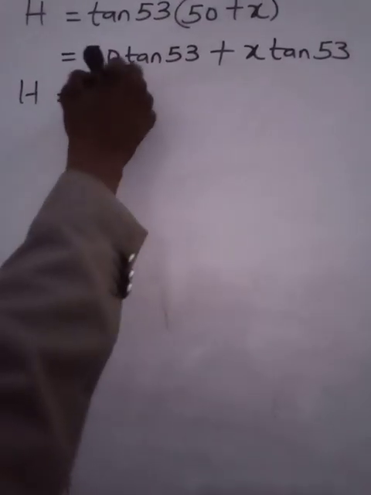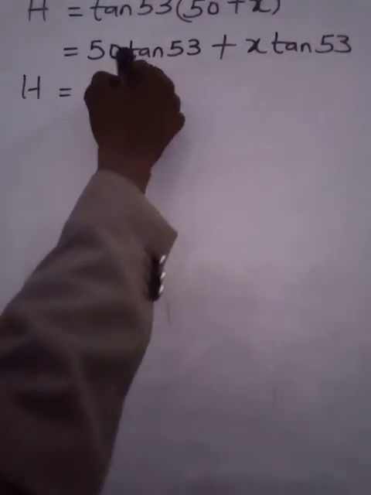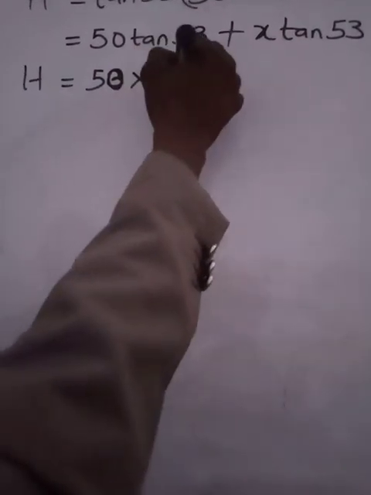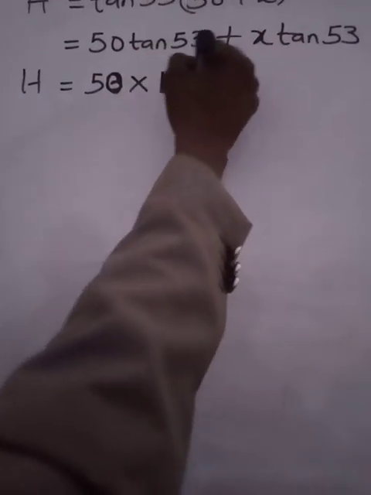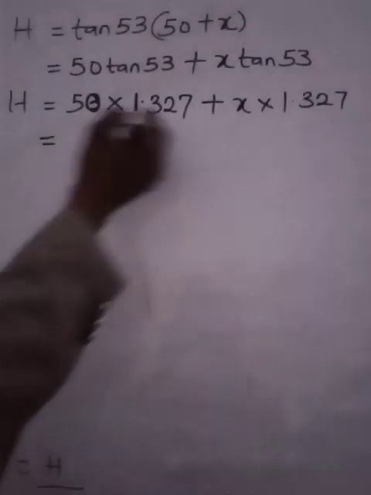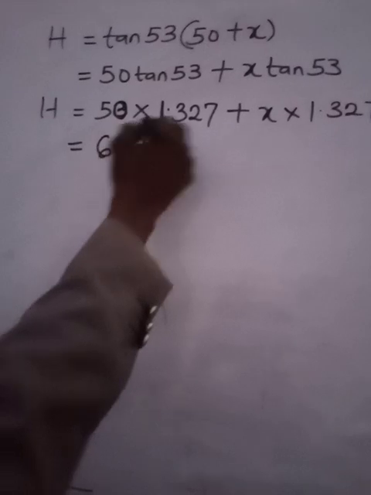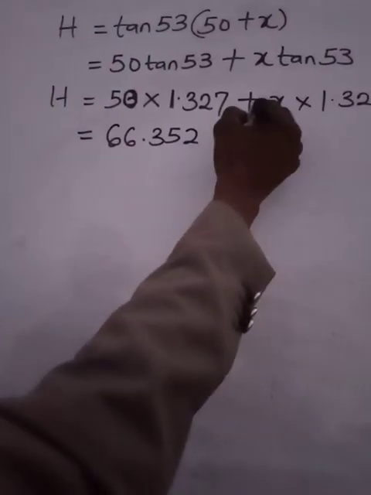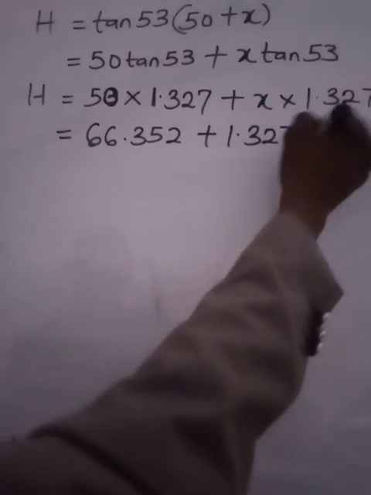So h will simply be 50 multiplied by 1.327. This is tan 53. Plus x multiplied by 1.327. If you multiply 50 by 1.327, you get 66.352 plus 1.327x.